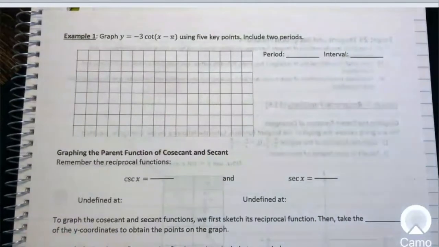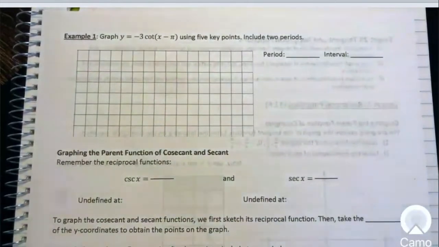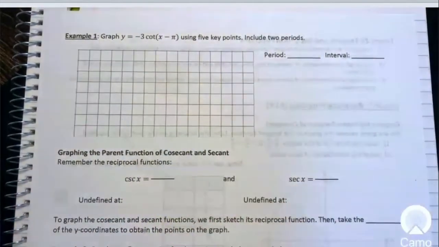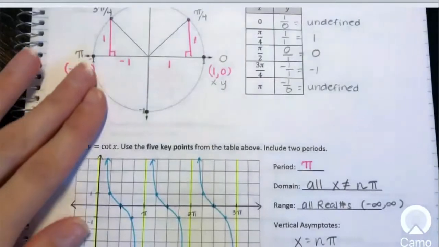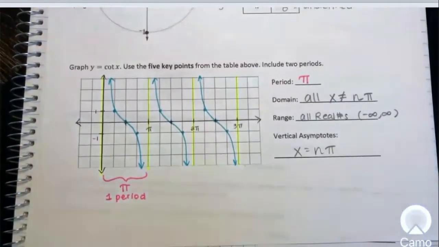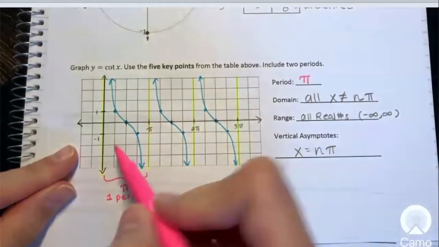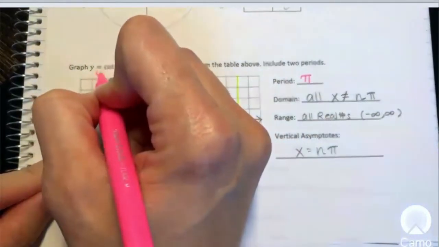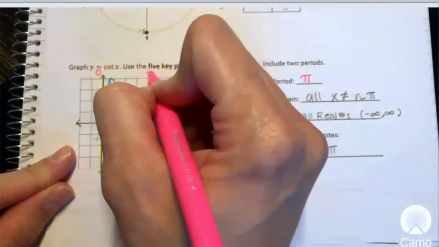Just like we did before, we're going to use the same information that we would use to graph our cotangent as we did our tangent. It's just important to note that we are now beginning and ending at different places than our tangent function. So cotangent begins at 0 and it ends at pi.